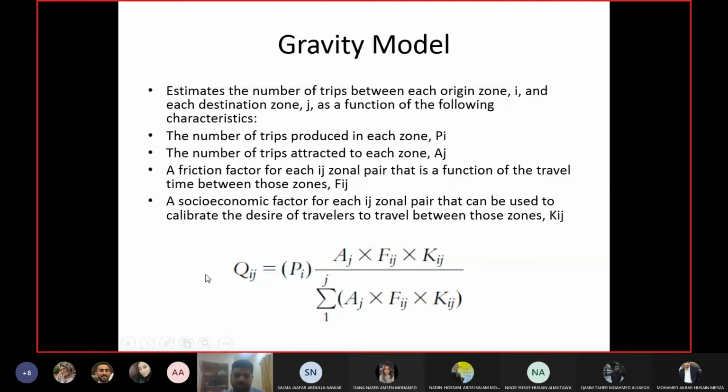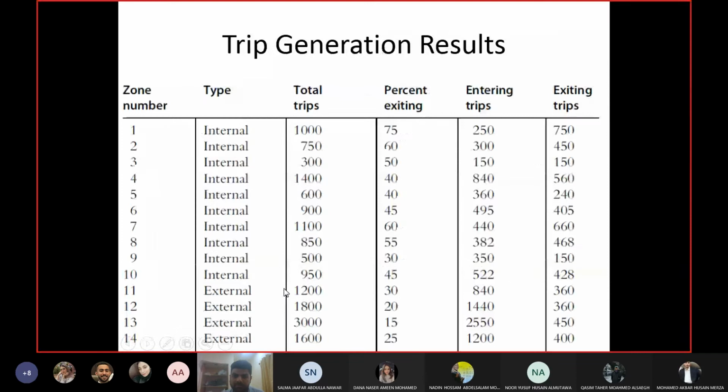Now, if you want to calculate how many trips are coming from I to j, you have already calculated Pi. Pi is coming from the trip generation phase. If I go here, exiting is the number of trips produced and entering is the number of trips attracted.